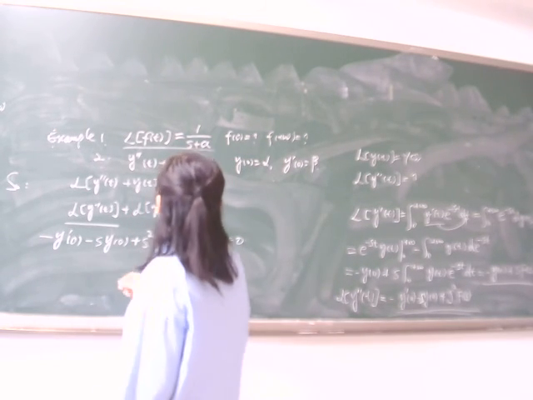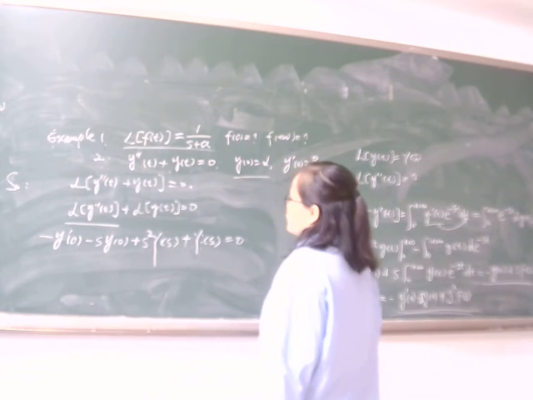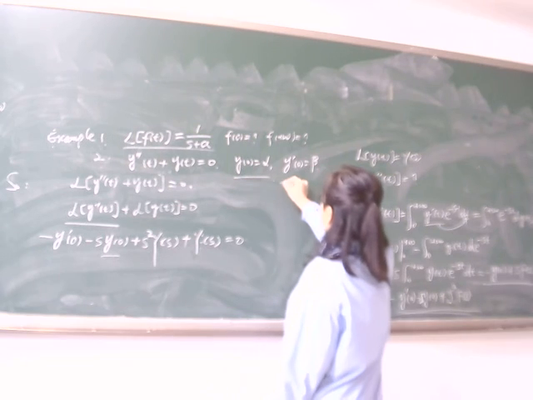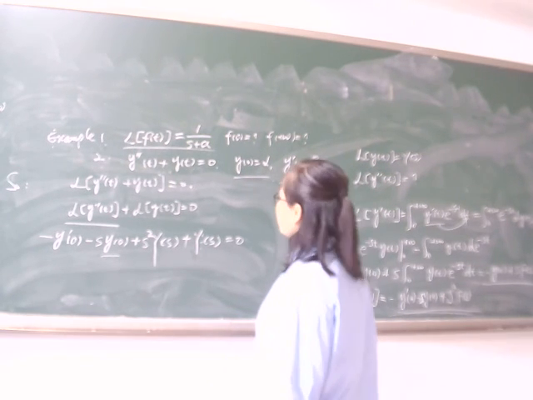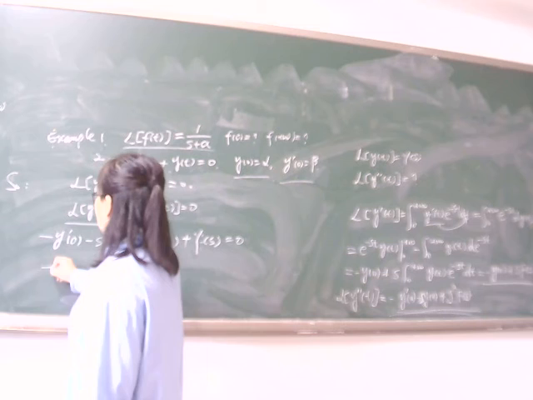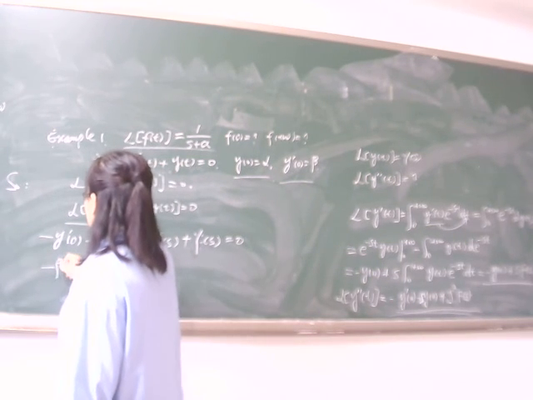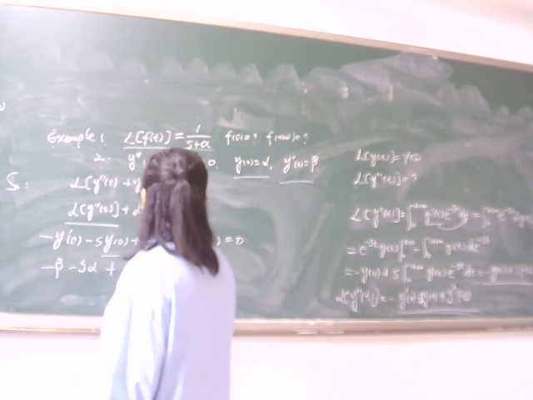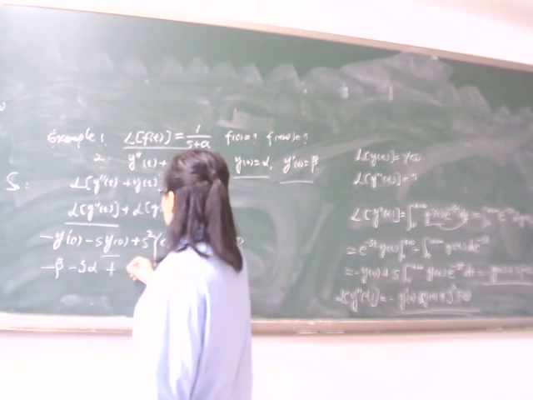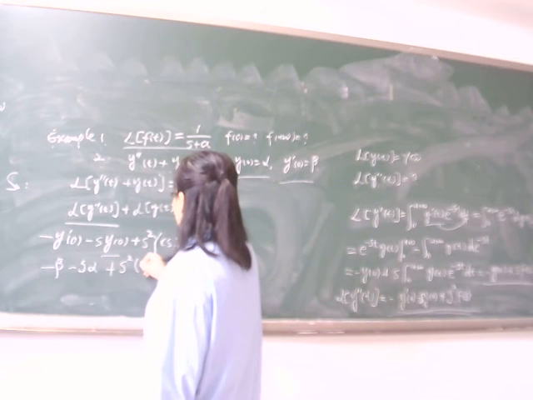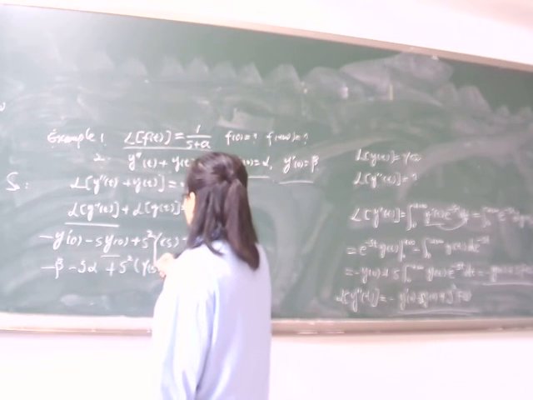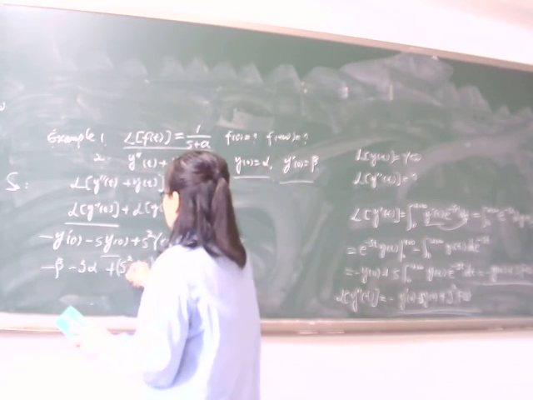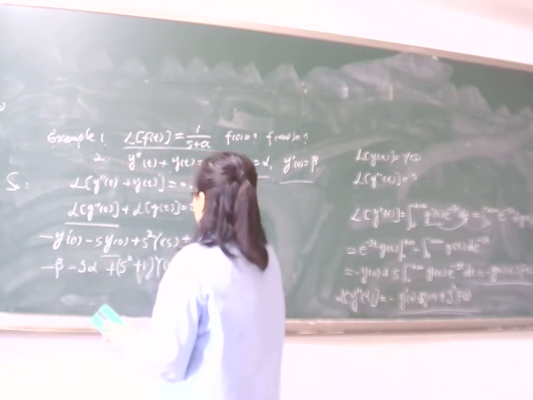Here y(0) is alpha and the first-order y'(0) is beta. So minus beta minus s alpha plus s squared Y plus Y equals 0, that is (s squared plus 1) Y equals beta plus s alpha.